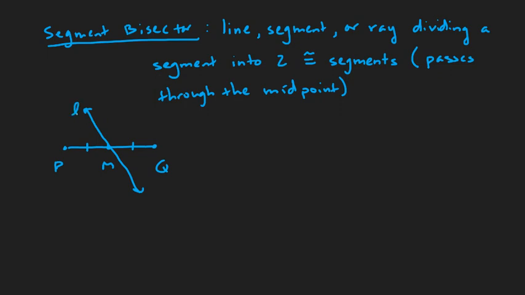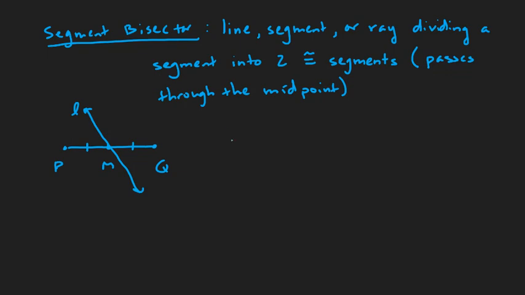I'm going to put a single letter right here called L. So when you see this picture and you see line L going like this, and you see those two congruent markings on either side of M, this means that line L is a segment bisector for PQ, and it creates two congruent segments on PQ.